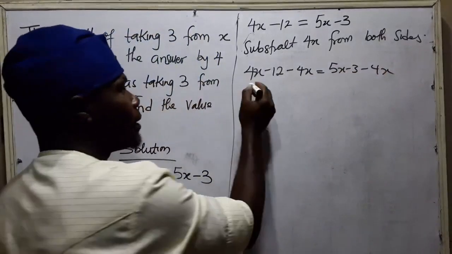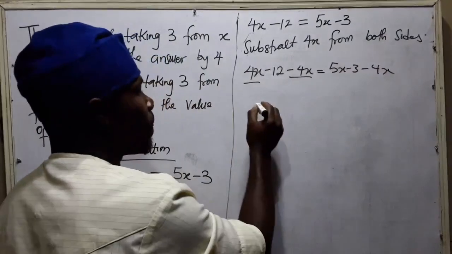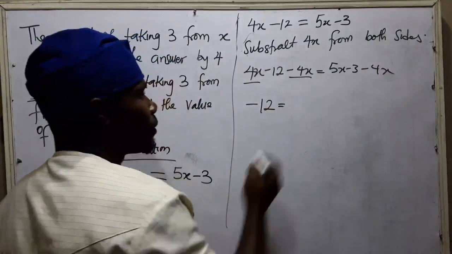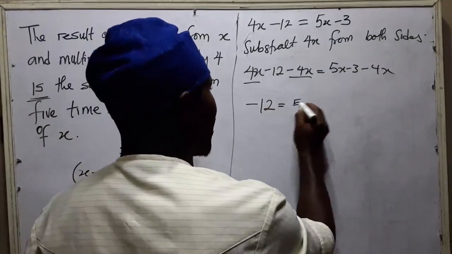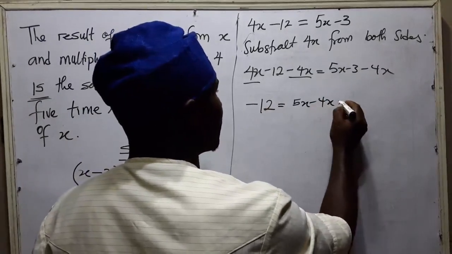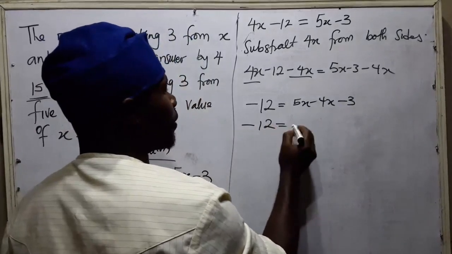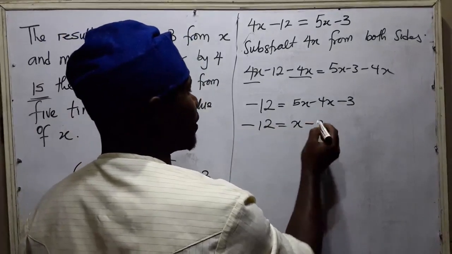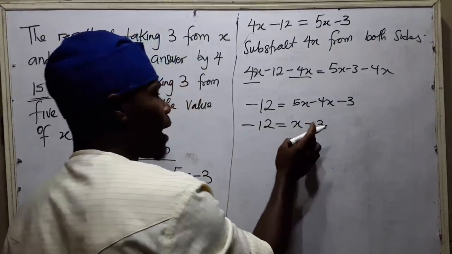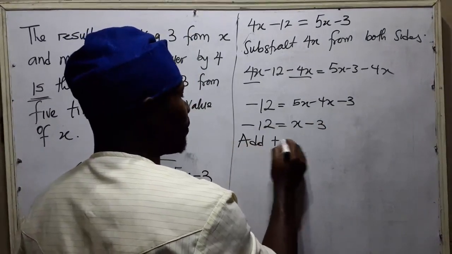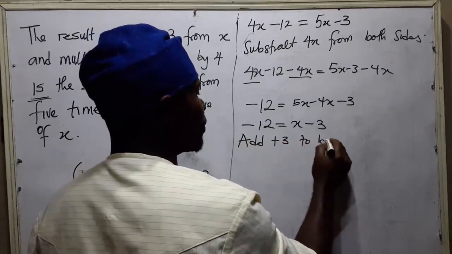So this and this will turn to 0. We have minus 12 is equal to, so you write this to have 5x minus 4x minus 3. So we have minus 12 is equal to x minus 3. So let's try to add 3 to both sides.